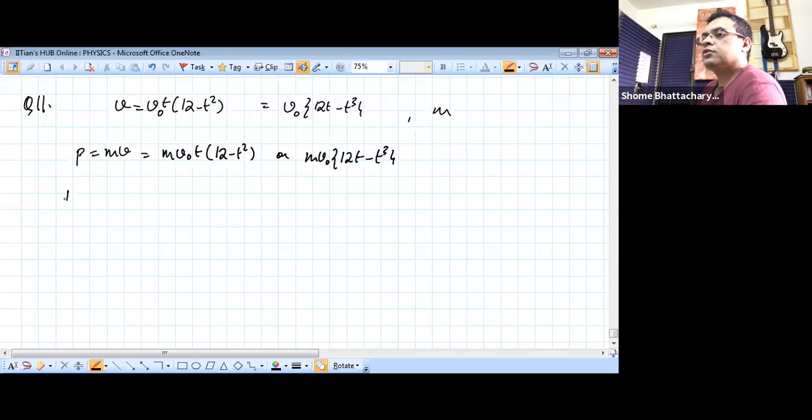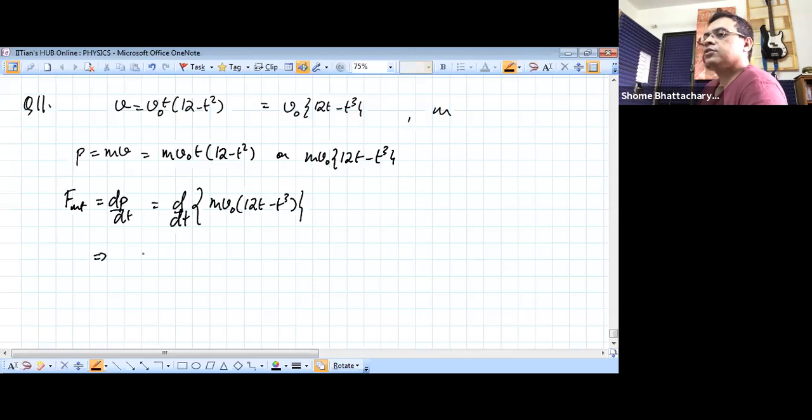Now the net force is this. So it is differentiation of this term with respect to time.